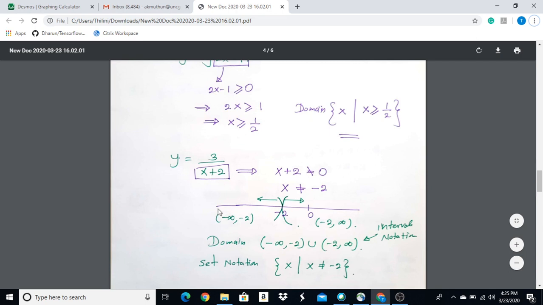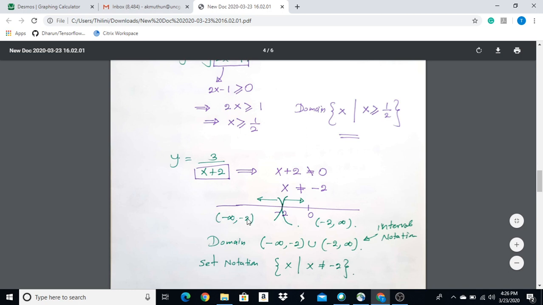On the number line, we have 0 here and negative 2 here. You can plug in any value less than negative 2 on the left-hand side, and also any value greater than negative 2 on the right-hand side.